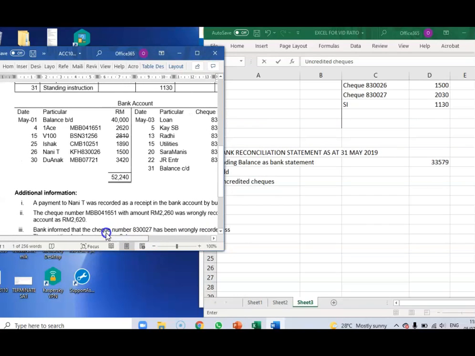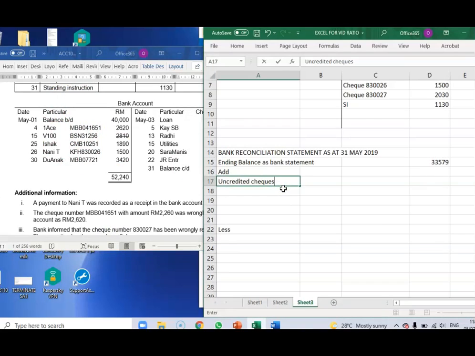So we need to look at the debit side of your bank account. So your uncredited checks, can you see there? The check number is MBB 041651, right?